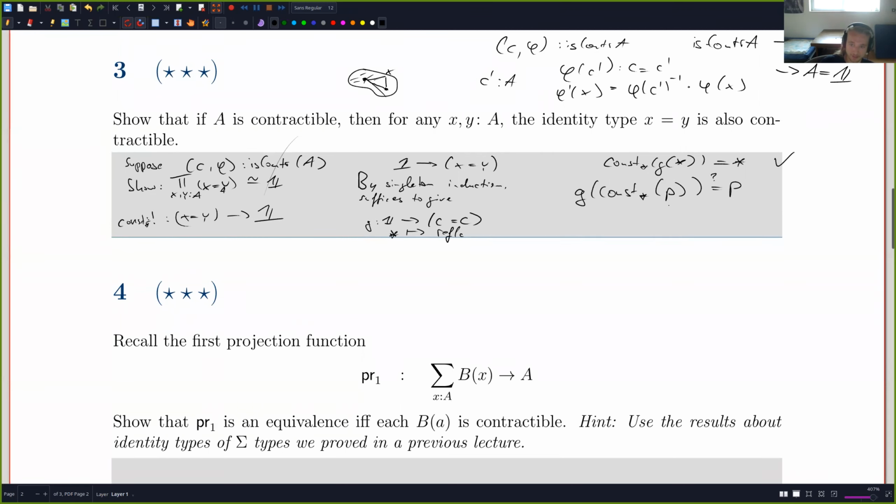Well, by path induction, if P is reflexivity, then it doesn't really matter. This will always be star. And G of star is defined to be reflexivity. And since we use path induction, this is also reflexivity.